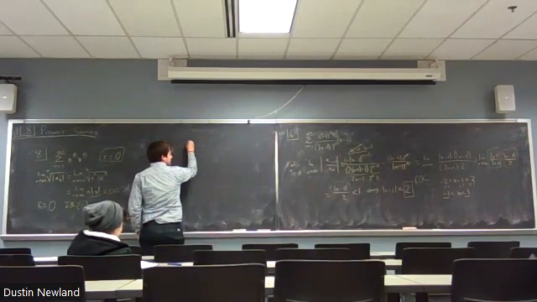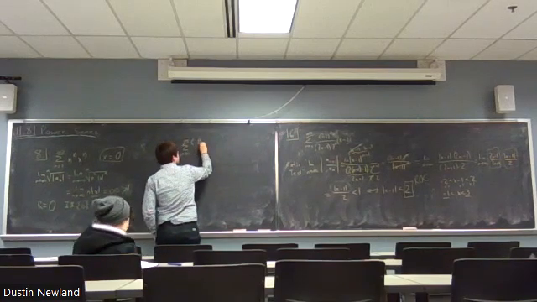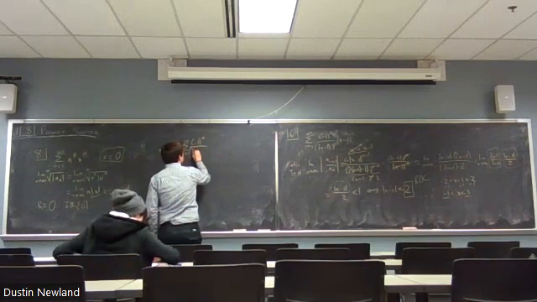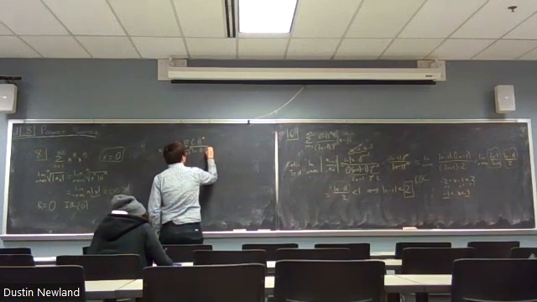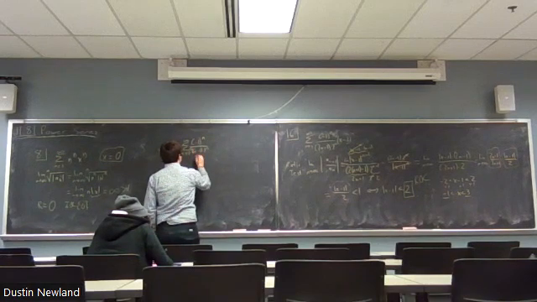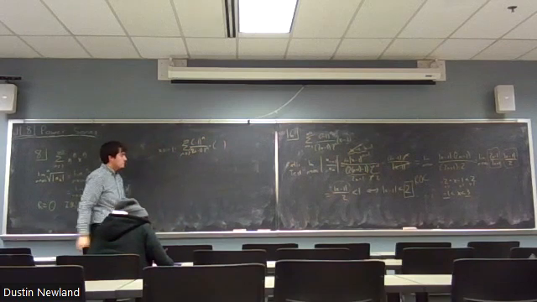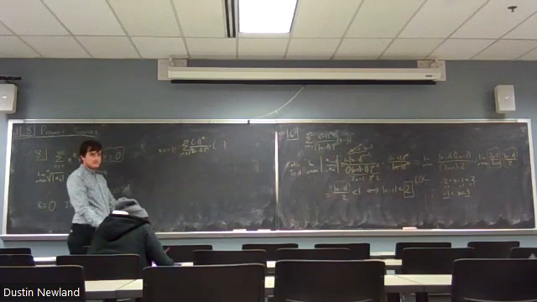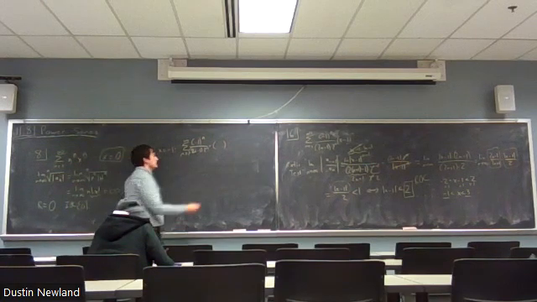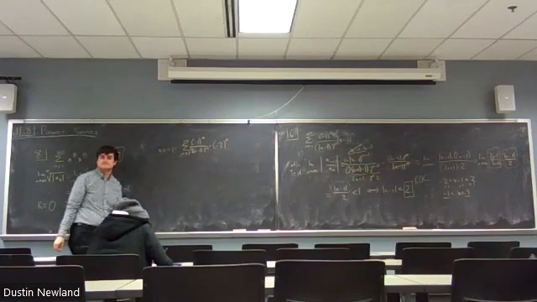We're going to get sum from n equals 1 to infinity of -1 to the n over 2n minus 1 times 2 to the n, and then multiply that by -1 to the n, or -2 to the n.